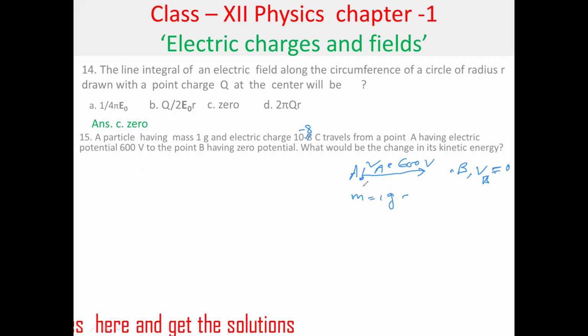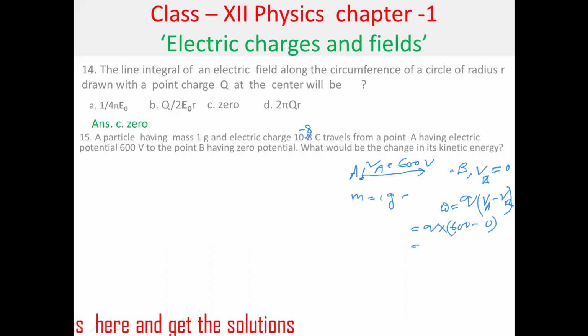Okay, so kinetic energy means, suppose this is the work done from here to here. We know work done equals Q into (VA minus VB), since it is going from A to B. So Q into VA minus VB, where VA is 600, VB is 0, and Q is how much?